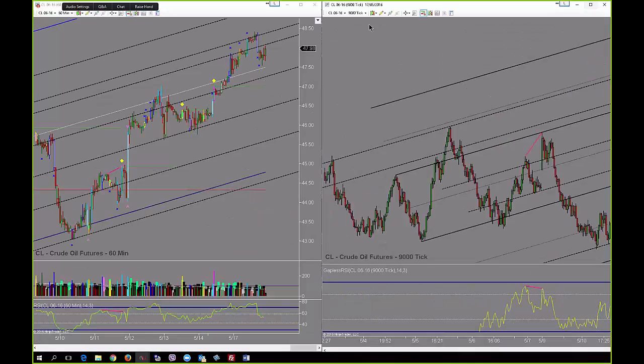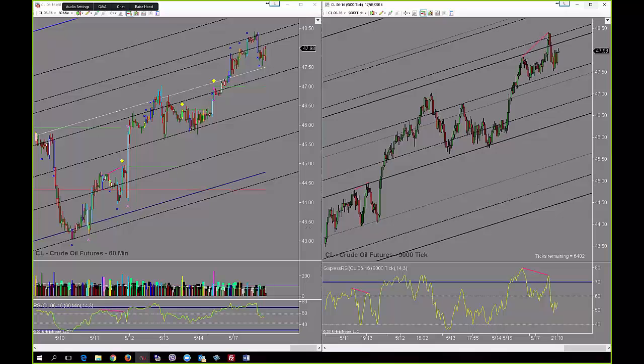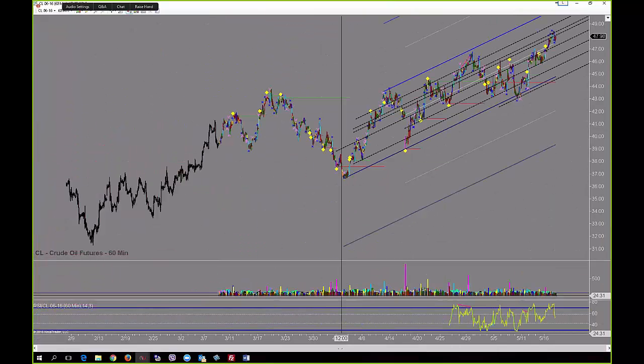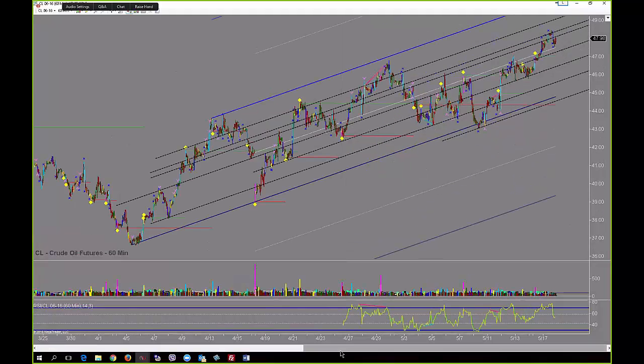So then I could move on and say, all right, what did I draw on my 60-minute chart? On my 60-minute chart, you can see it goes back almost to the beginning of the month. So was there really a need to change or draw in a new channel if it's working?